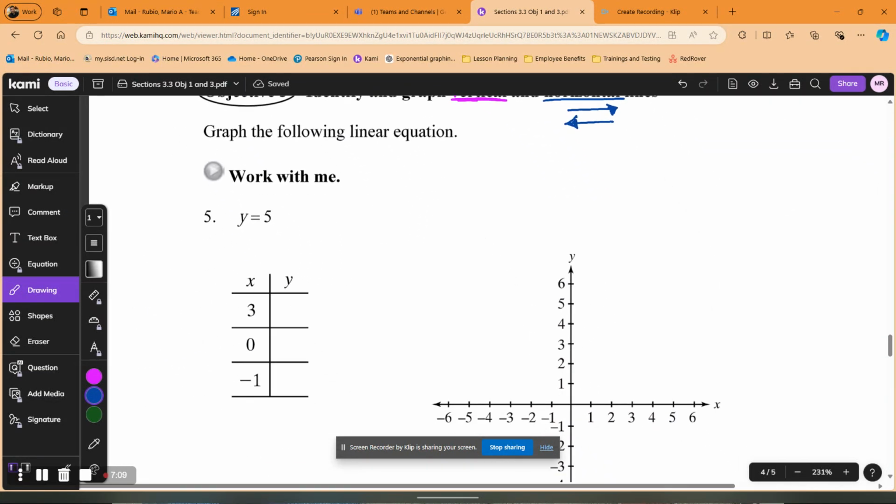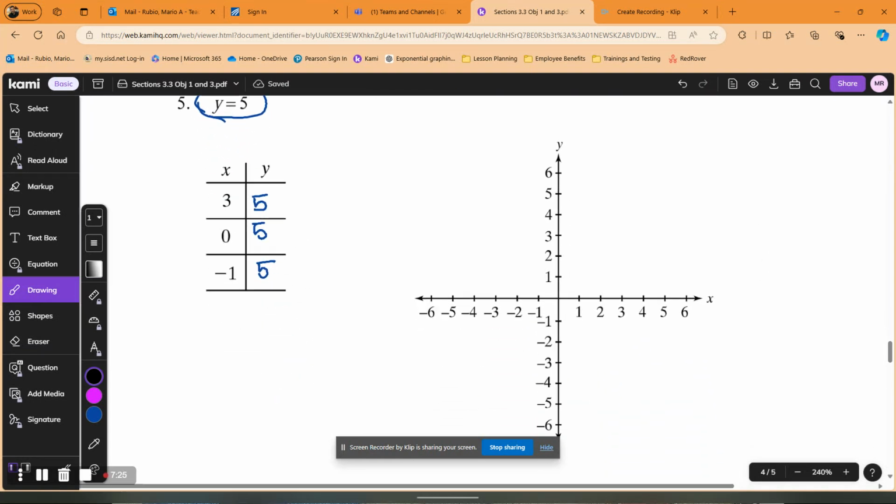Let's graph the following linear equation. Here it's telling us that y is equal to 5. No matter what, y is equal to 5. It does not change. So I'm going to put 5 for every single y. And when I graph this, I'm going to plot these coordinate points. So this is 3, 5. This is 0, 5. And this is negative 1, 5.